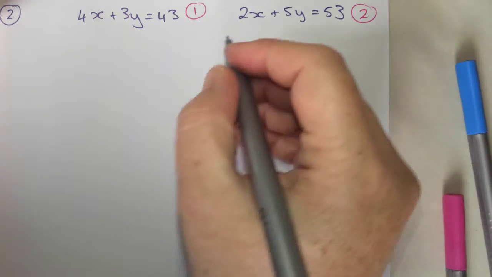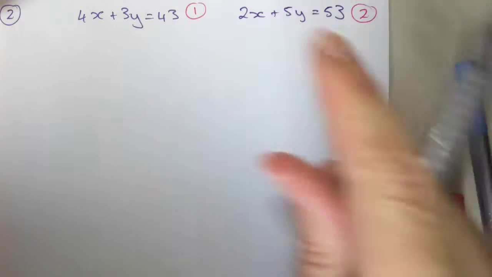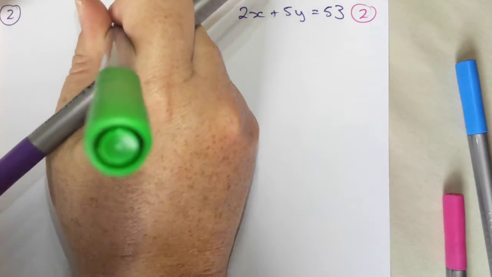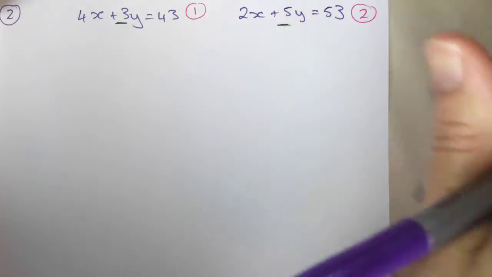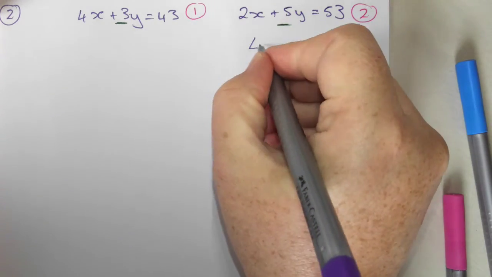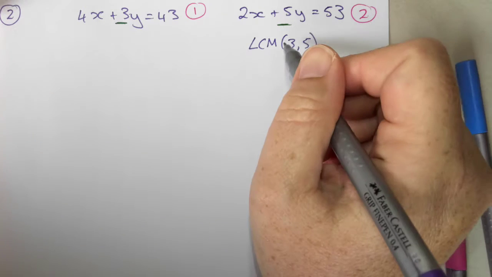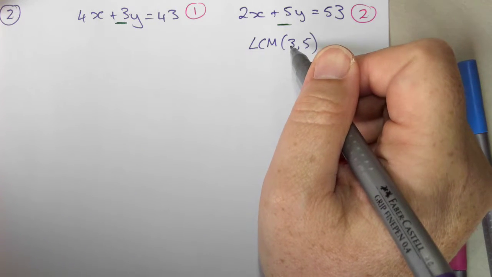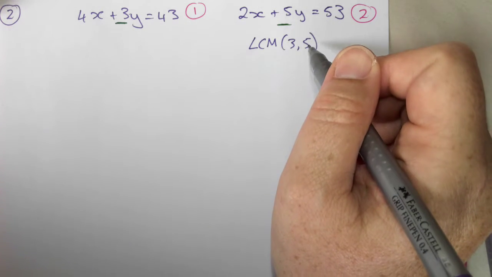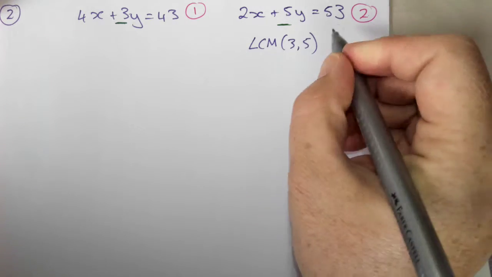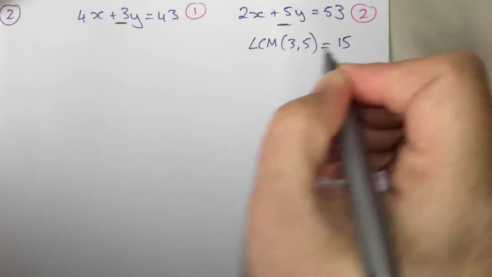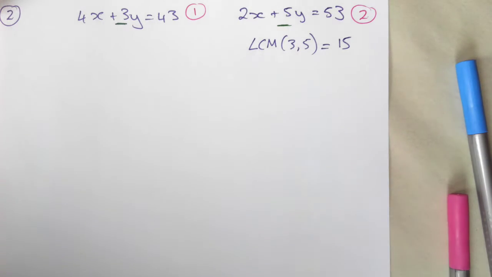So I need to look at the coefficients: there's a 3y, there's a 5y. What is the lowest common multiple of 3 and 5? Multiples of 3: 3, 6, 9, 12, 15. Multiples of 5: 5, 10, 15. Our lowest common multiple is going to be 15.